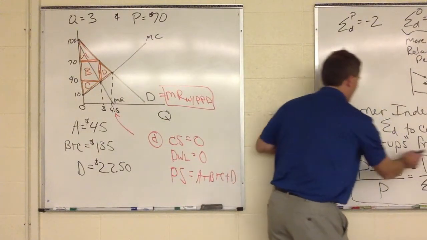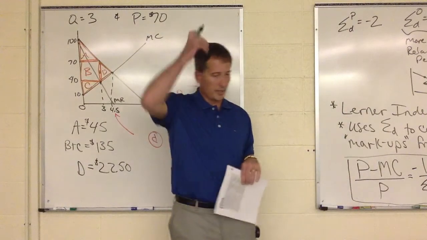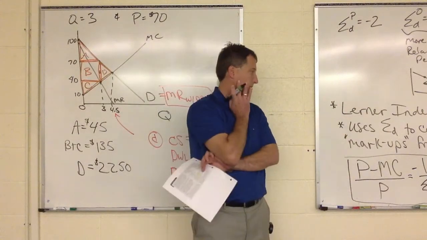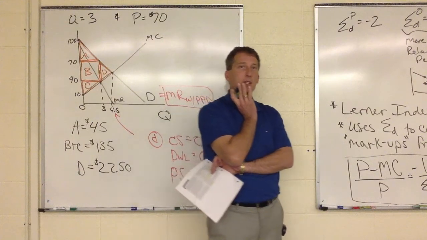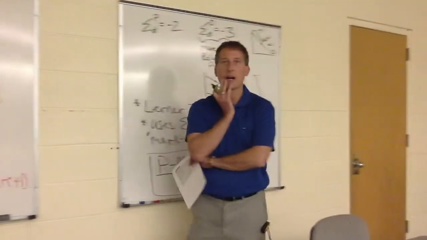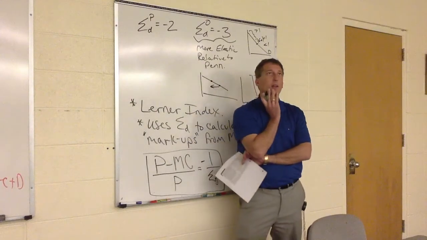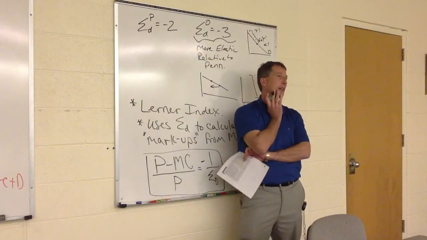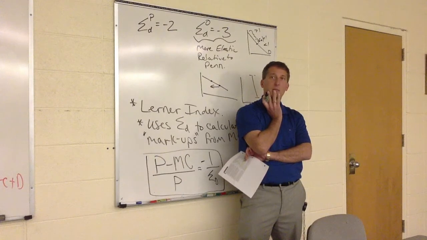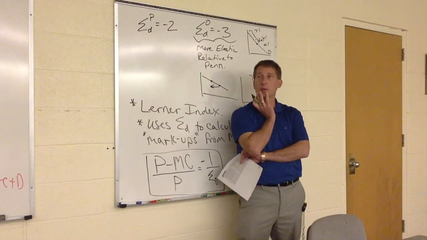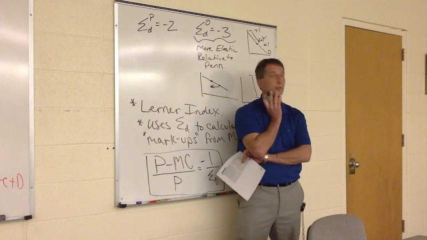Now I said it's a little bit weird because if you bought something, pretend you're a business and you bought something for $100 and you mark it up 20%, how much are you selling it for? 120, right?